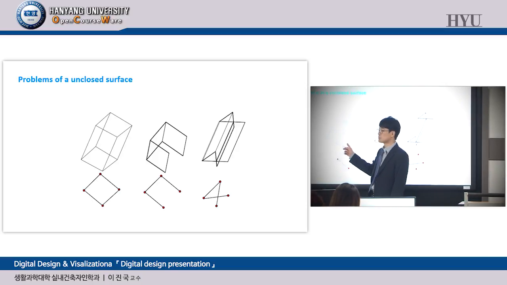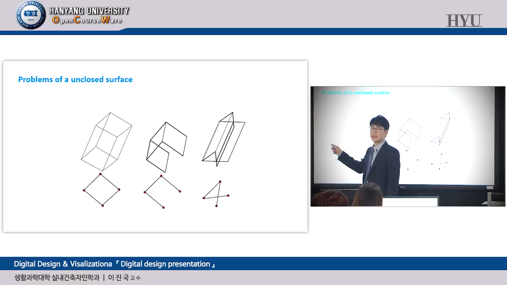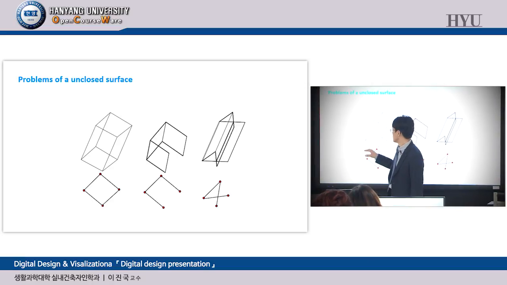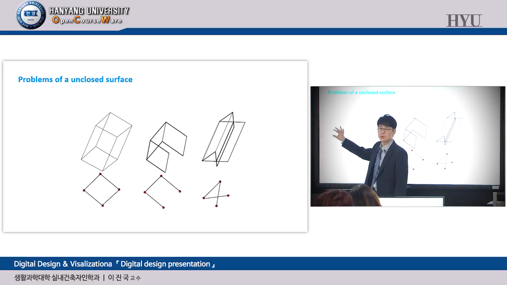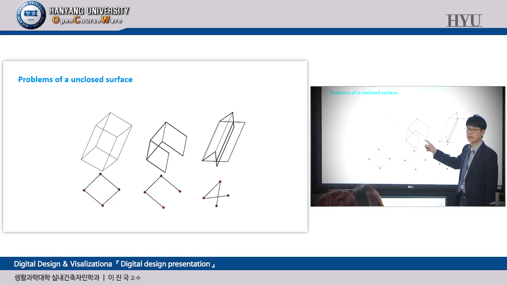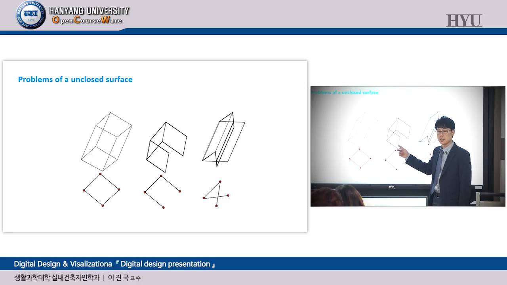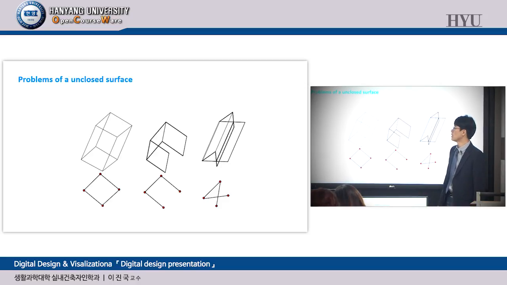How about this one? Of course, this is surface-based 3D, but there is a possibility this one can be defined as a solid 3D, okay? In other words, this one can be both solid 3D and surface 3D, but this one can only be a surface 3D. This is not a solid 3D, okay?